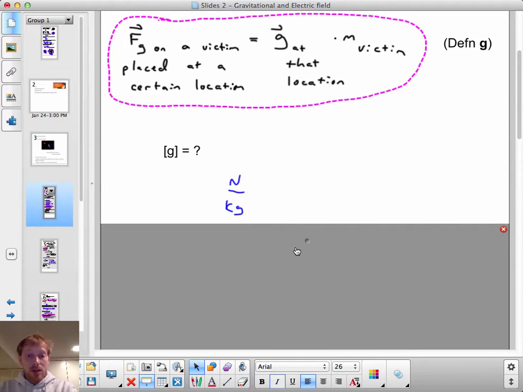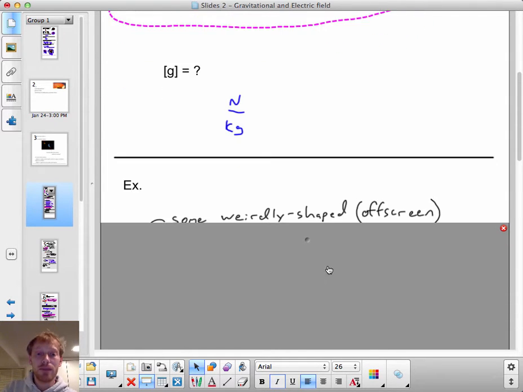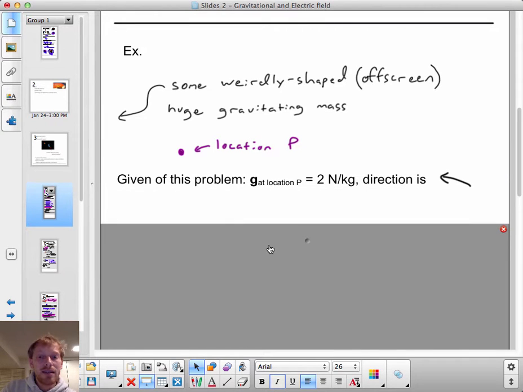Well, according to this equation, it has to be something I could multiply by kilograms to get a number of newtons. So the units of gravitational field are newtons per kilogram. You know already that that's the same as meters per second squared, but we'll have more to say about that in a bit.